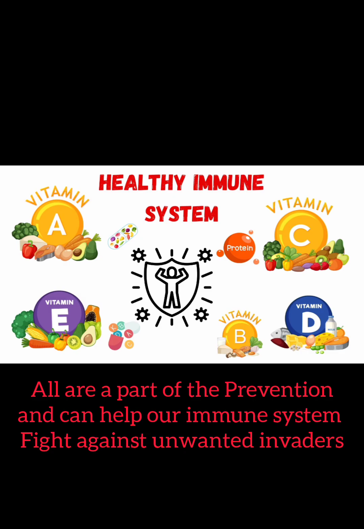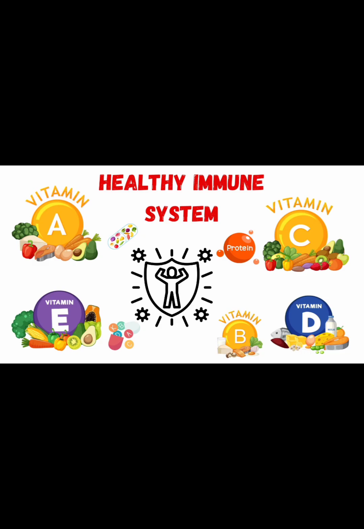I won't go too deep into it; I'll save that for a different lecture. But building up your immune system is very important, and it plays a really big role in preventing things from attacking our immune system and causing us to have viral or bacterial infections.